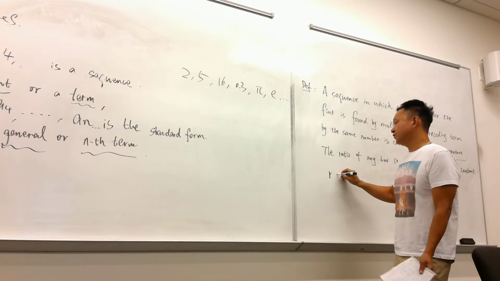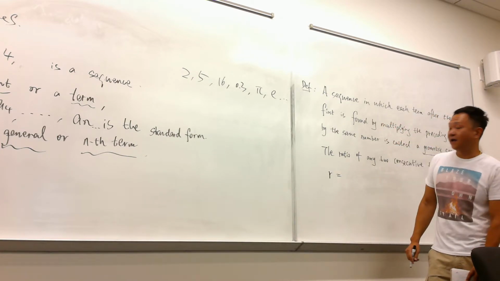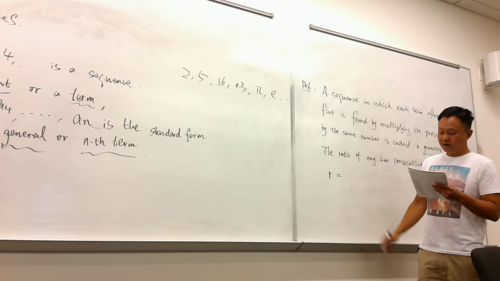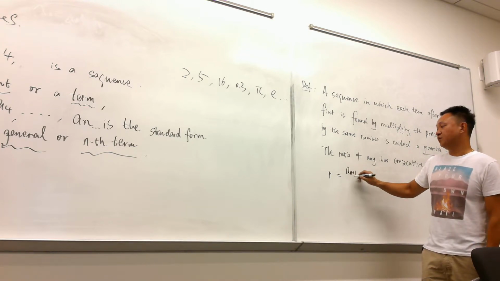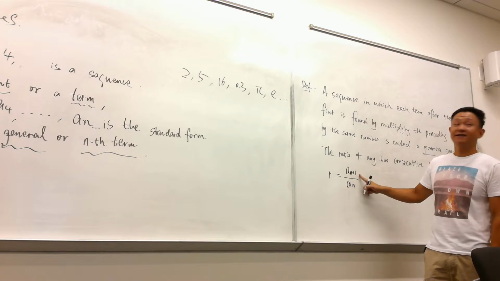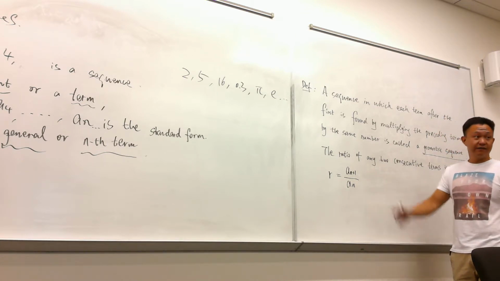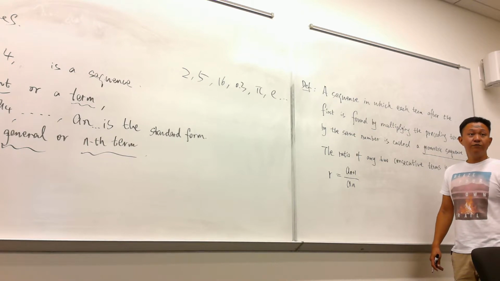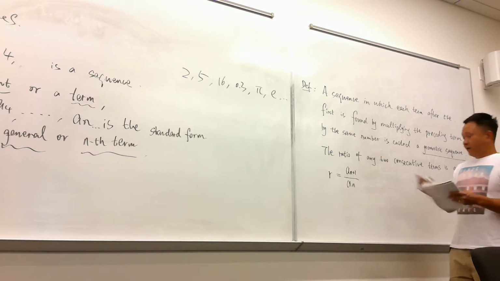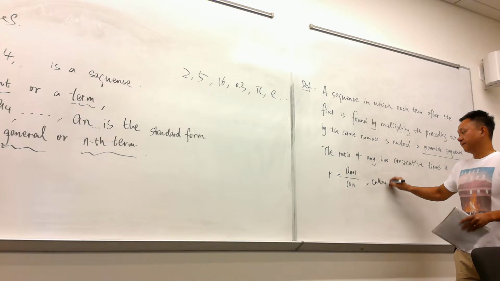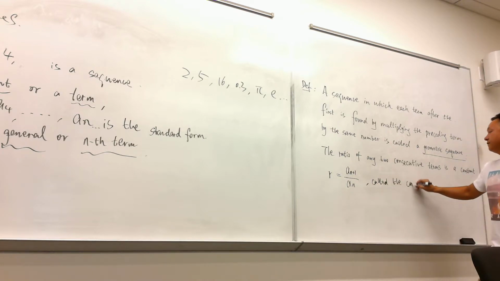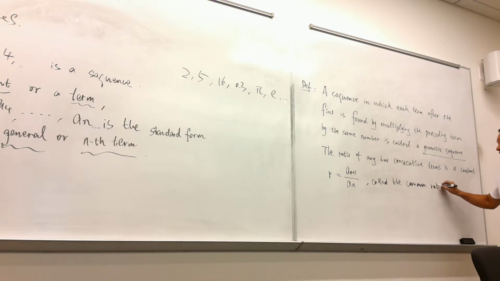Let's denote the constant as r, and r equals a sub n plus 1 over a sub n, the next term divided by the previous term. This constant r is called the common ratio.